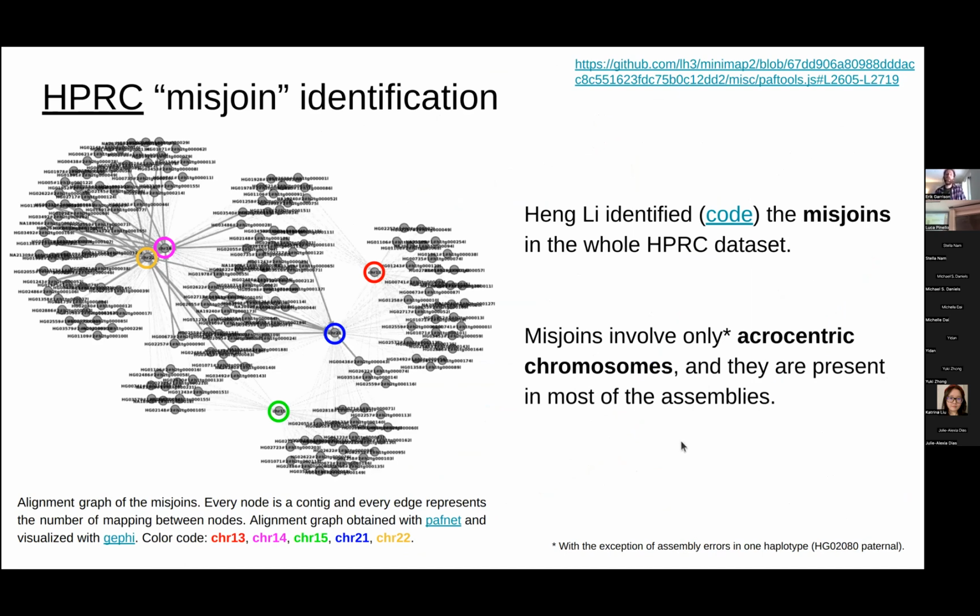Hung Lee used alignment to find cases where contigs appeared to map to multiple T2T chromosomes. In the particular graph, every node is a contig in some assembly or one of the reference chromosomes for the acrocentrics. And almost all of these misjoins are happening between different acrocentrics.